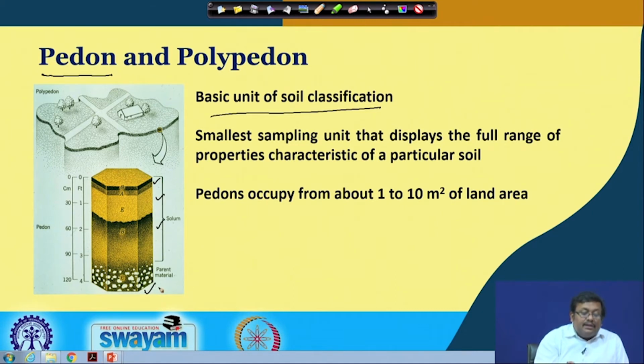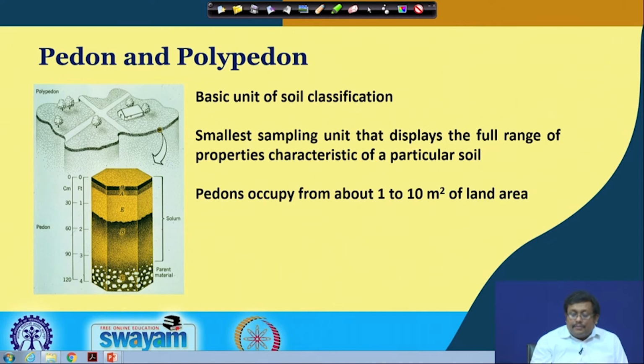So, remember that a pedon is a three-dimensional entity, and it generally varies from 1 to 10 square meters of land area.